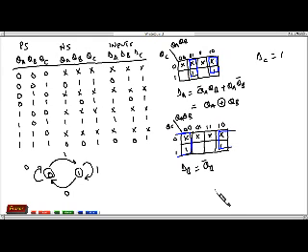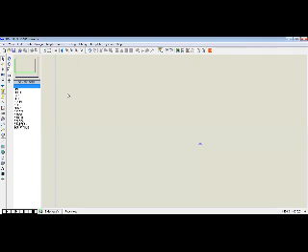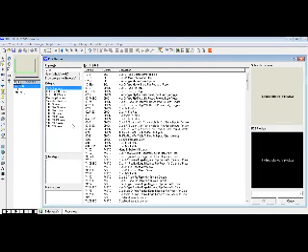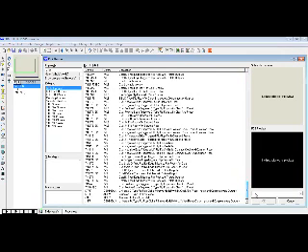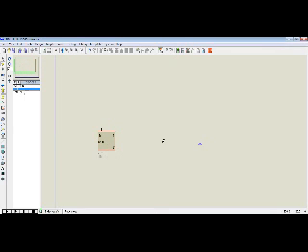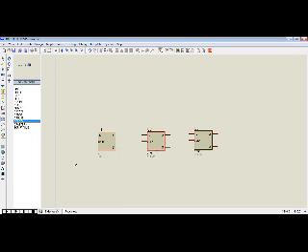Okay, so we can simulate these in Proteus. We insert the 3 D flip-flops. So these are our 3 flip-flops. We interconnect their clock signals with a common clock signal, being synchronous counters, as previously discussed.